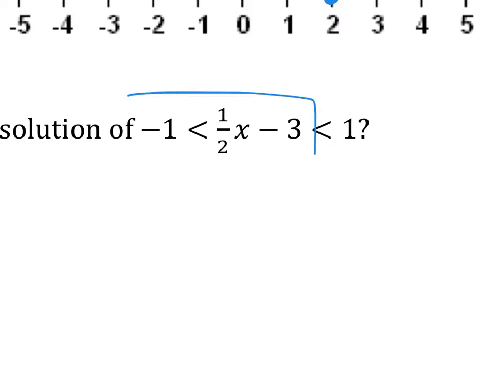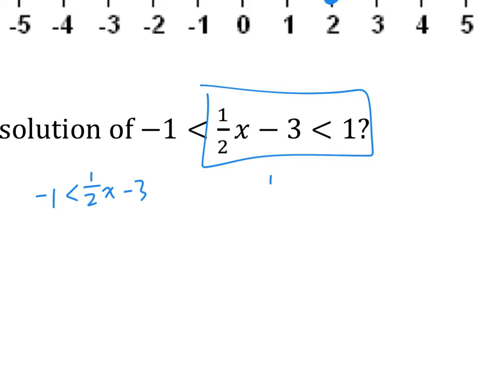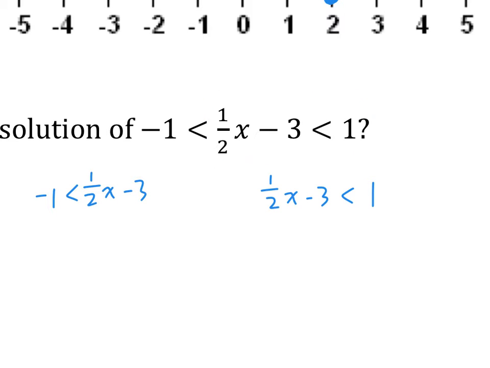Look at this as one inequality: -1 less than 1/2 x minus 3. That is one inequality. And then the other one is 1/2 x minus 3 less than 1. What's in between is the "and." So it's this inequality on the left and this inequality on the right, and you can solve them separately and then graph it.